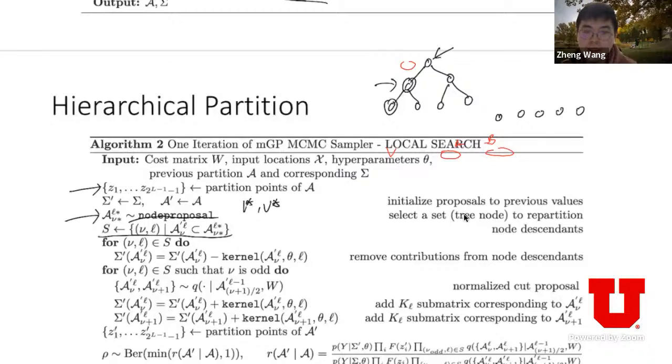And each time for the local search, we just randomly, I don't know how they pick the L star and V star. They don't give the details in their paper, but we just randomly pick some level and some partition in that level, and we just repartition that node and its corresponding descendant nodes.